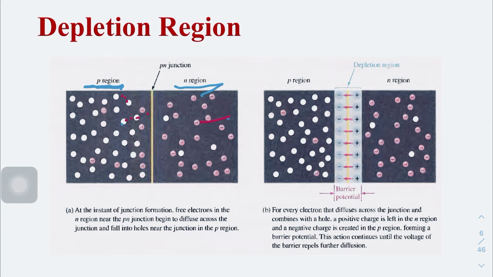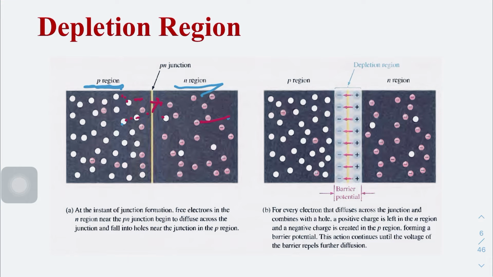Also, holes in the p side go to the n side across the junction by the diffusion process. Each electron that goes from the n side to the p side across the junction leaves behind a positive ion in the n side and creates a negative ion in the p side.